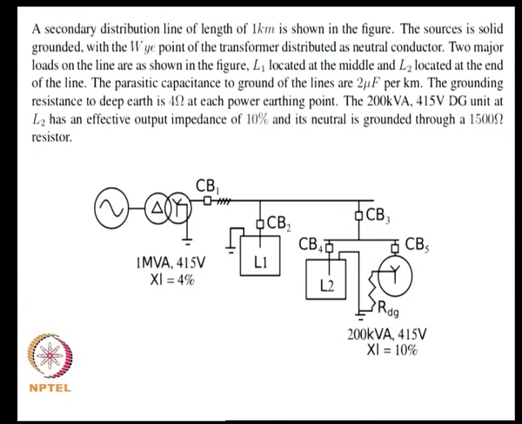and you have a DG now connected at load 2. Potentially it could be for providing power or for power quality reasons you have added a DG, and that is grounded through a resistor RDG.